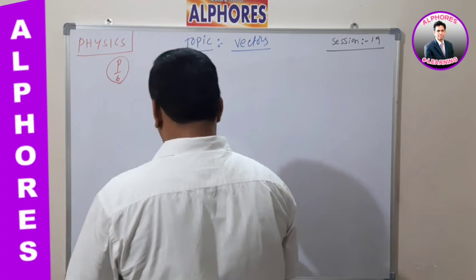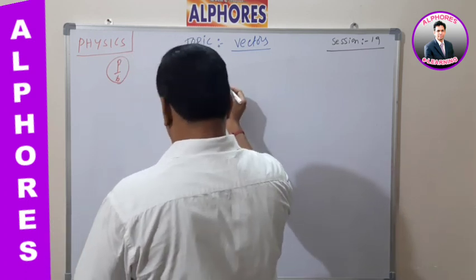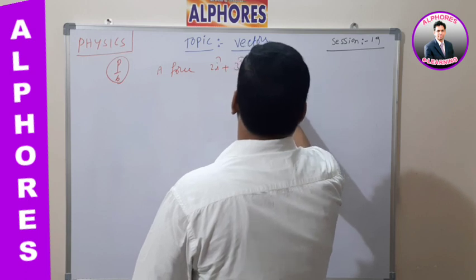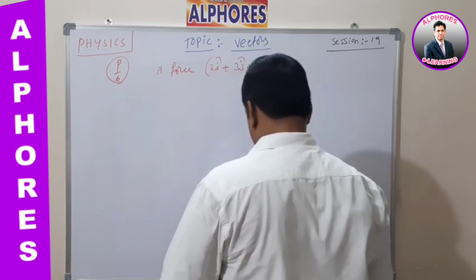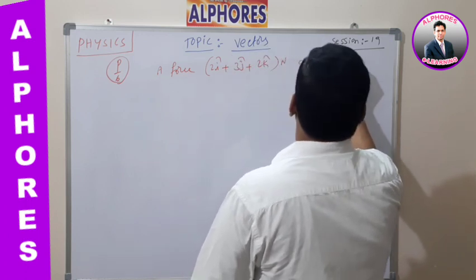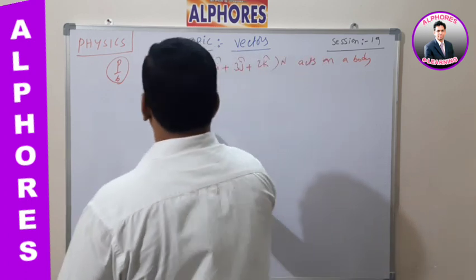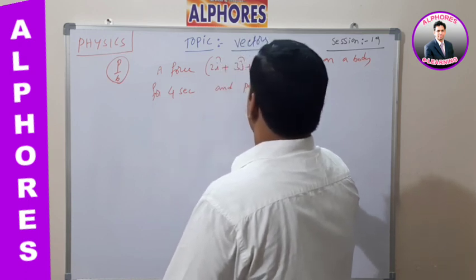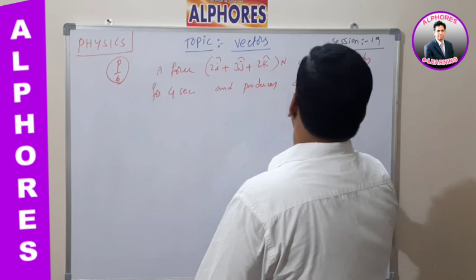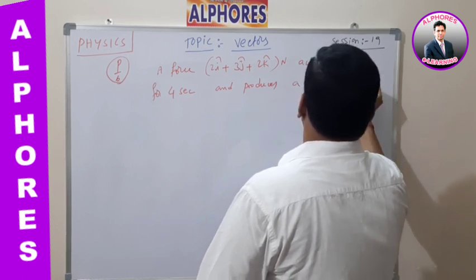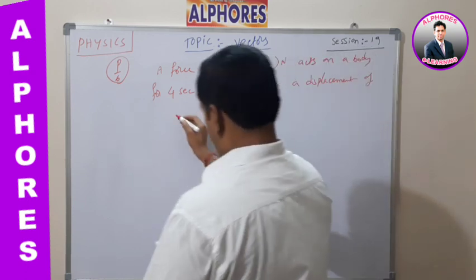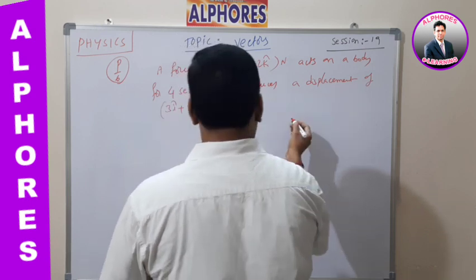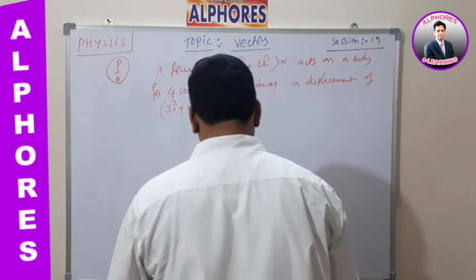A force 2i cap plus 3j cap plus 2k cap newtons acts on a body for 4 seconds and produces a displacement of 3i cap plus 4j cap plus 5k cap meters.